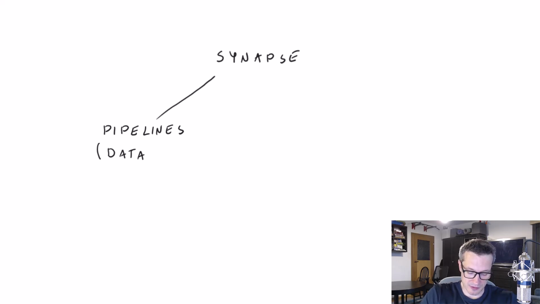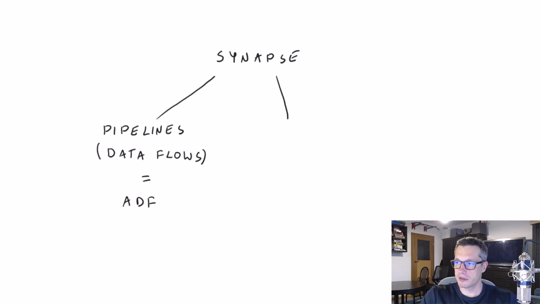Data flows can be used to transform our data in a visual way without writing a single line of code, this low-code / no-code tool. And basically pipelines inside Synapse is the same thing we have available inside Azure Data Factory. So that's the first component that we know.